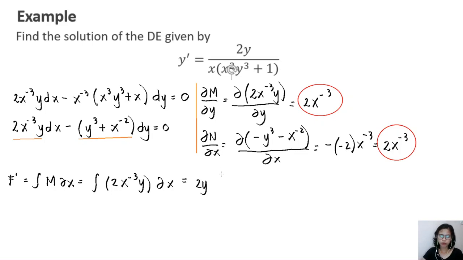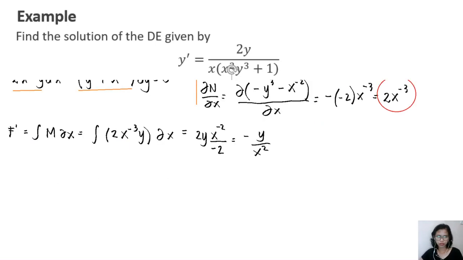Power rule again for integration, that would be x raised to negative 3 plus 1, so that would be negative 2 over negative 2. That makes it negative y over x squared. Is that correct? Are you with me?